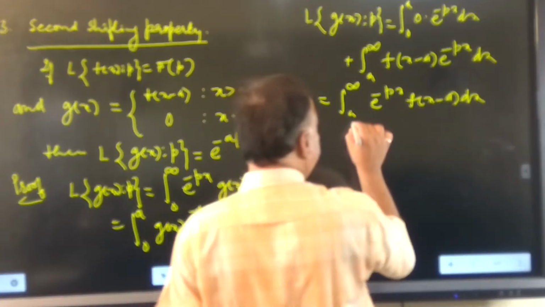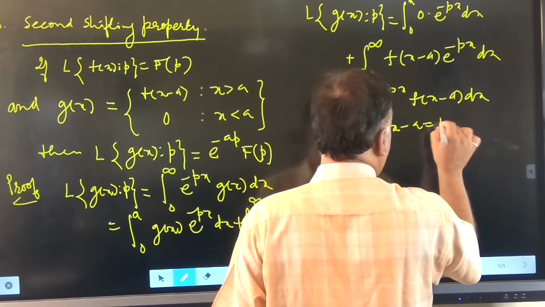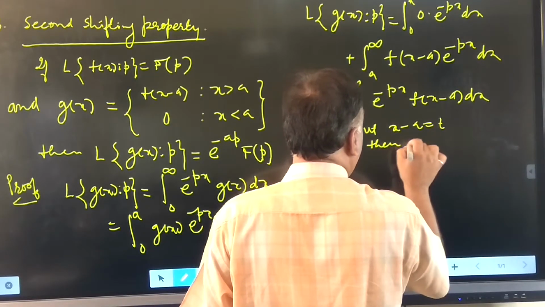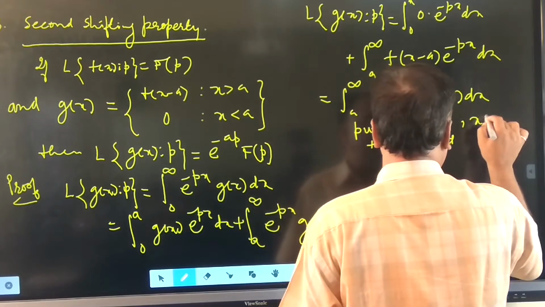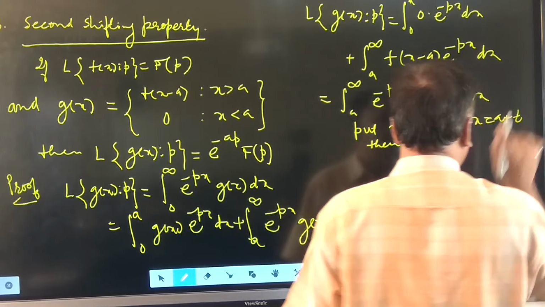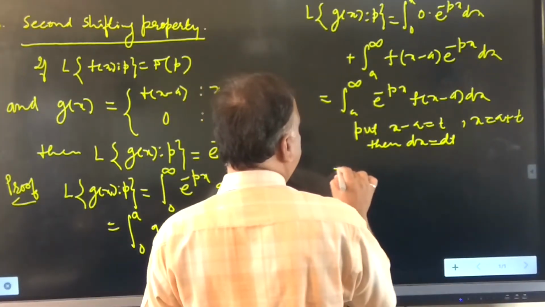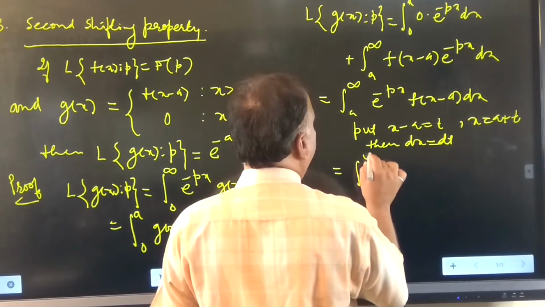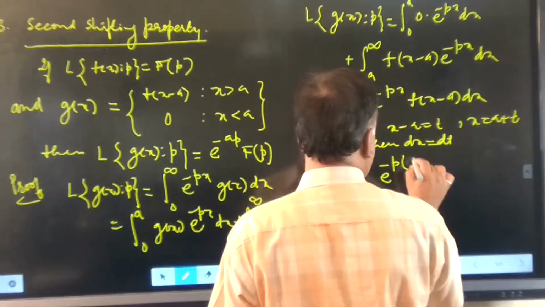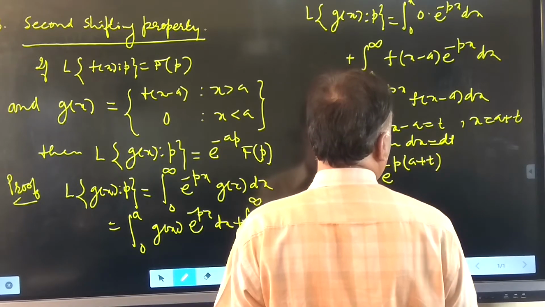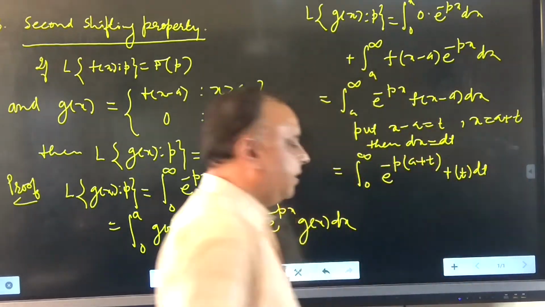If we put x - a equal to t, then dx is equal to dt, or x is equal to a + t. Then this integral changes to the integral from 0 to infinity of e raised to minus p(a + t) f(t) dt.